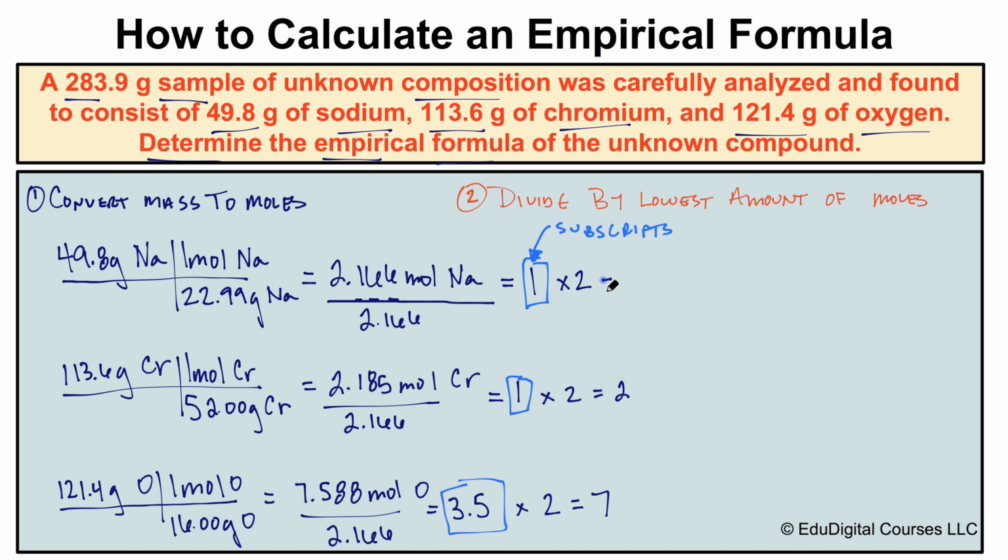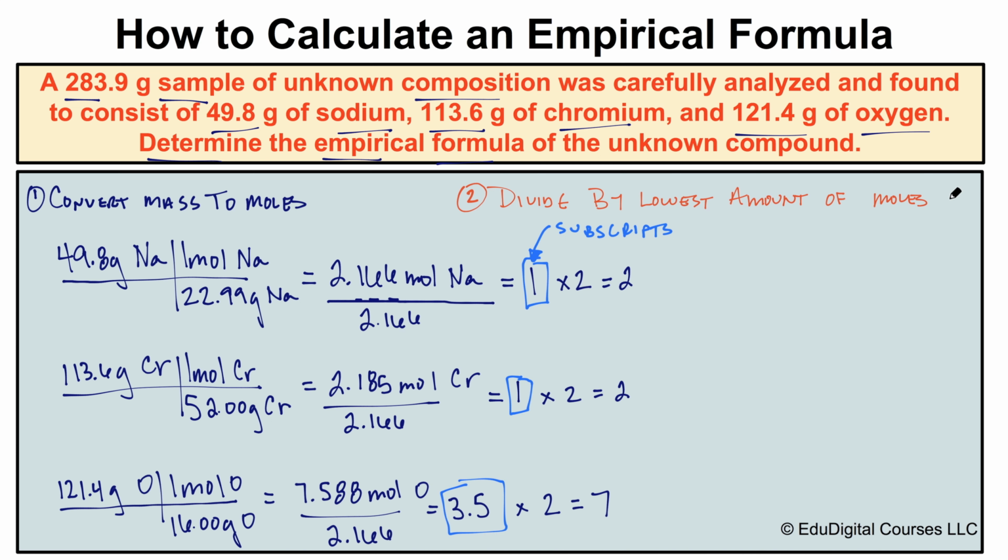This becomes a 2 and this becomes a 2 right here. So in this step where you're figuring out the subscripts of your empirical formula, if you have something that ends in 0.5, go ahead and multiply that by 2. If this were to end in 0.33, you'd multiply all the subscripts by 3. And if this were to end in 0.25, you'd multiply all these subscripts by 4.